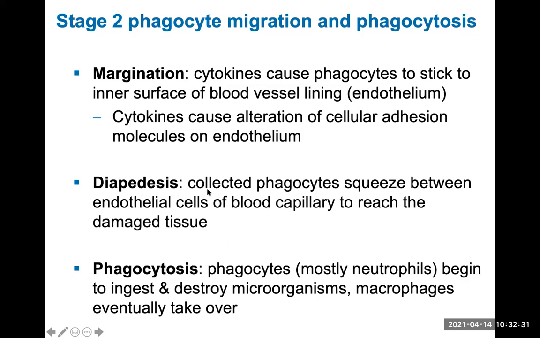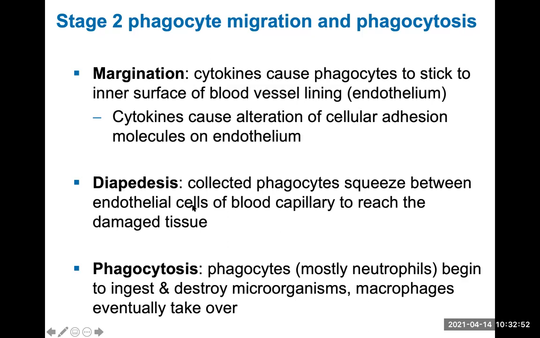So diapedesis, those phagocytes that have been stopped and adhered to the lining of the blood vessel then will squeeze between the endothelial cells. Remember, blood vessels are a single cell thick, right?